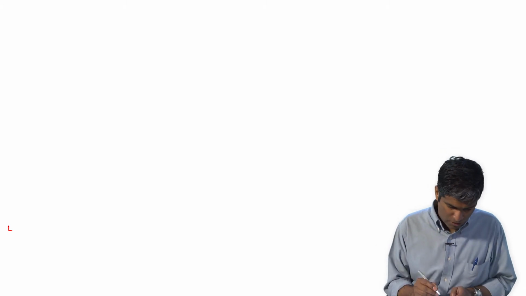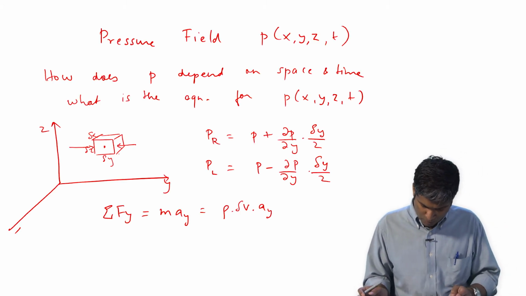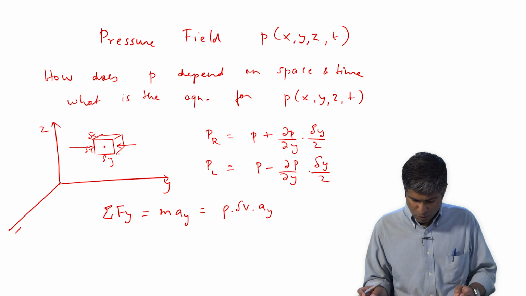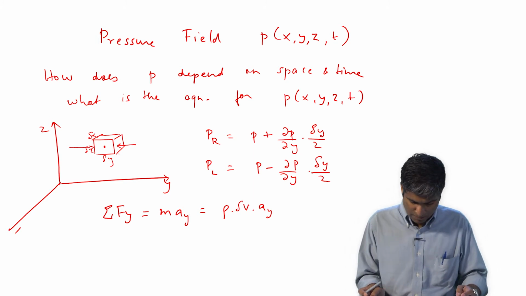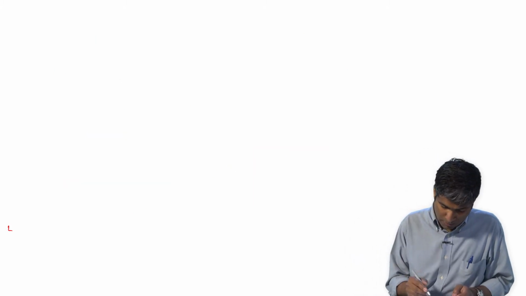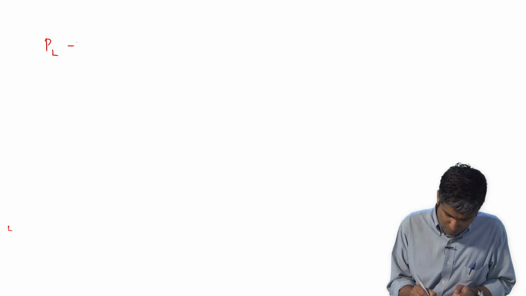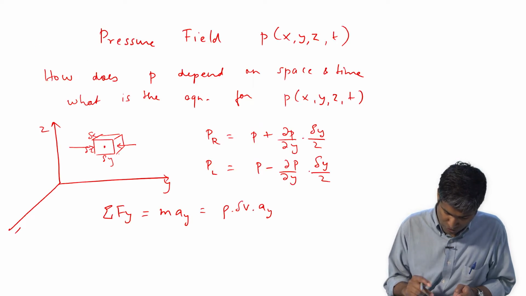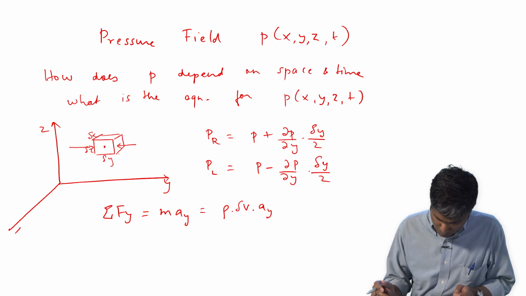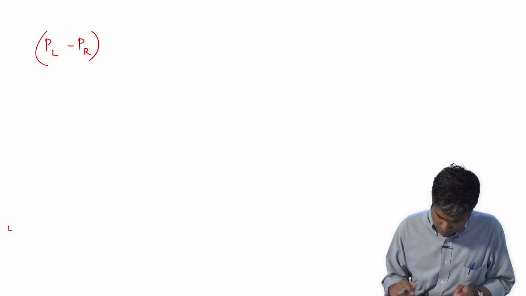What we are getting is, we are looking at forces in the positive y direction. So that would be P left minus P right times the surface area, which would be delta x times delta z.